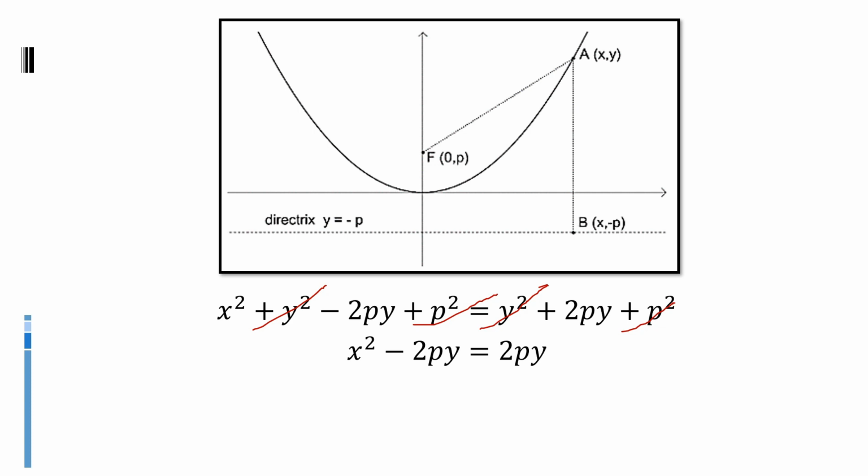And then, when we move it to the other side, we have x squared equals 2py plus 2py, or x squared equals 4py. Therefore, the equation of the parabola with vertex at 0, 0 is x squared equals 4py. Remember that p is the distance from the vertex to the directrix or from the vertex to the focus.